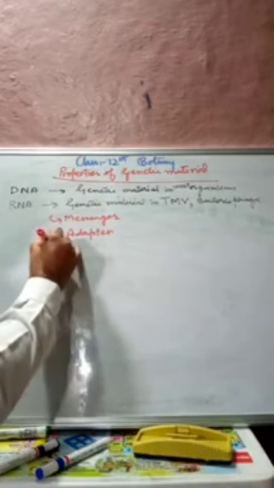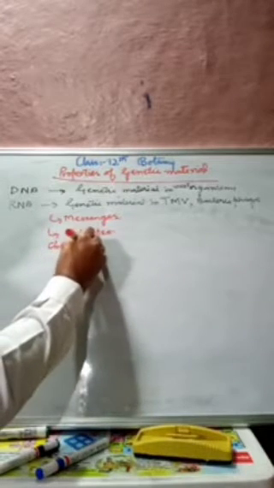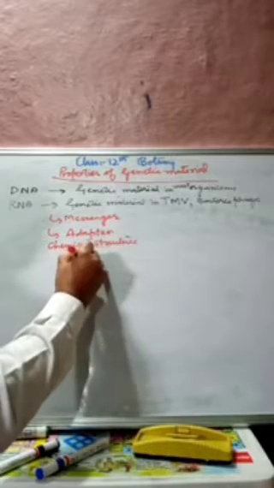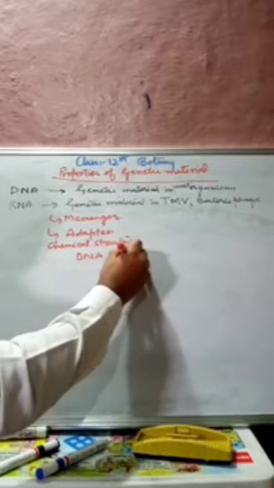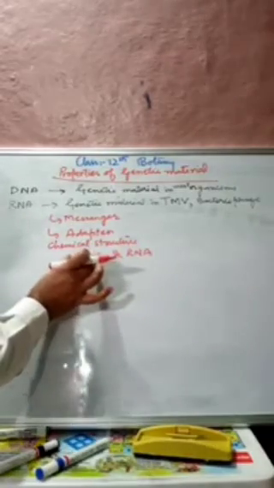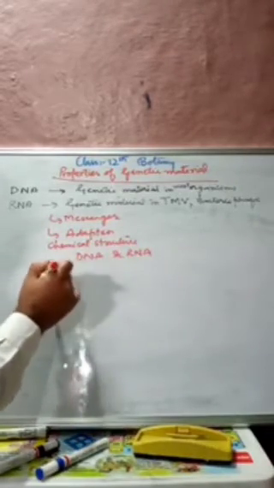And all these differences are mainly due to the chemical structure in DNA and RNA. Are you all well aware about that? Both DNA and RNA have the pentose sugar.